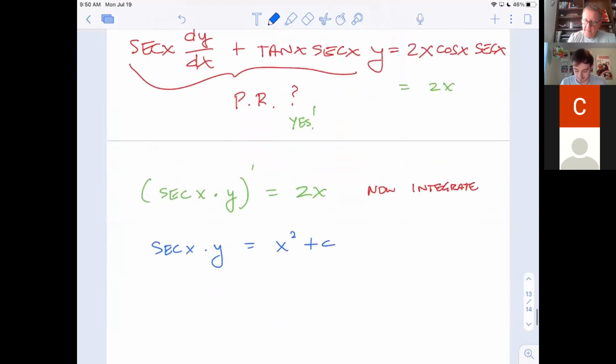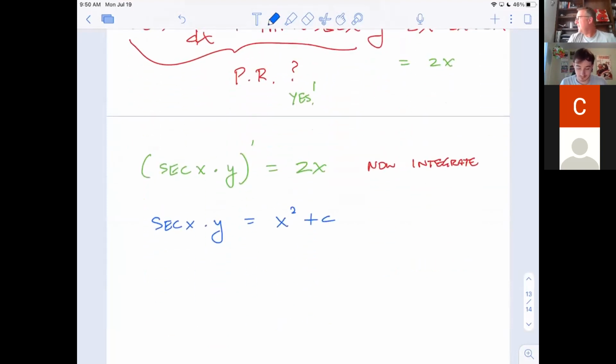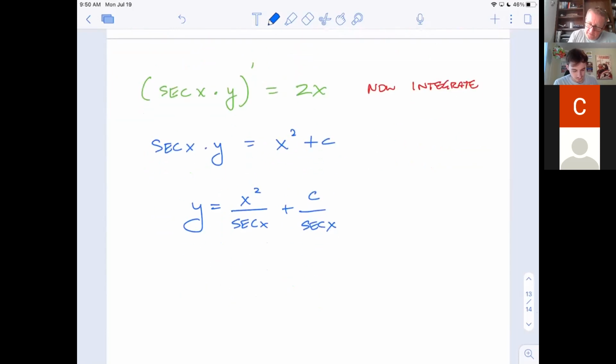Really important. Again, I keep saying this, but remember it's plus c on both sides. But I should collect them on the right. And now I'm done because all I have to do is divide by secant. And so y is equal to x squared over secant, and it's c over secant. That's why the c becomes so important. And of course, it's way better to realize that 1 over secant is actually cosine.